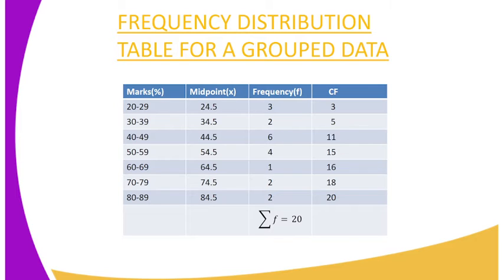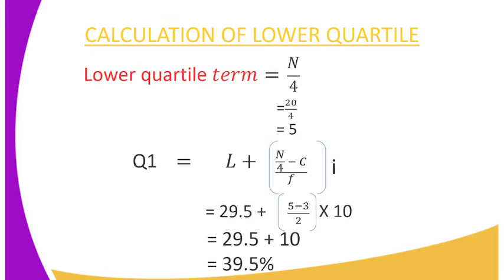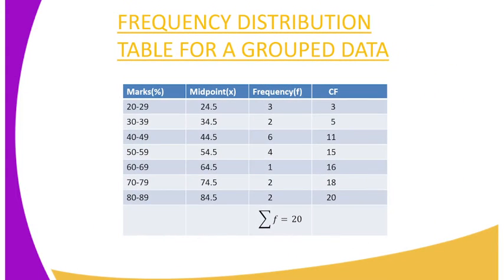You take the lower class limit of that term, and the lower class limit becomes 29.5. That is L. You put 29.5 into this formula, then you take 5, you subtract the cumulative frequency above the median term, which in this case is 3. After subtracting 5 minus 3, you get 2.